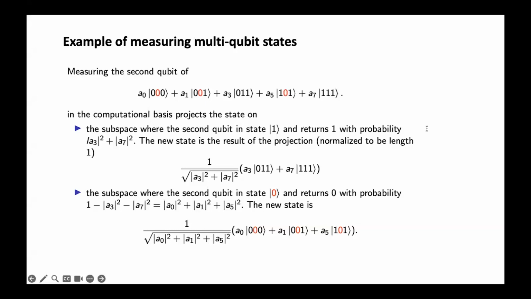So the new state in this case will be given as the linear combination of these states with the corresponding amplitudes, normalized in such a way that we have the appropriate unit length that we need.